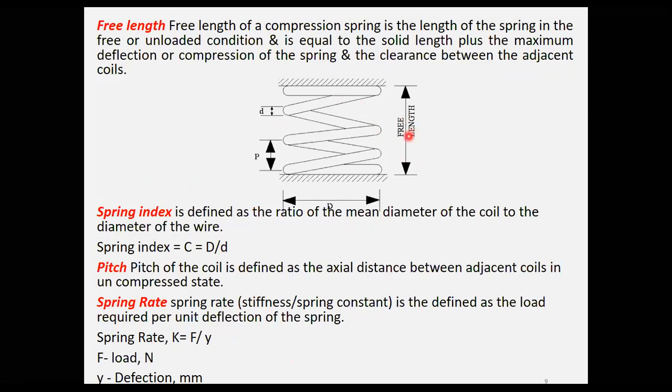That will give you the free length. Free length is nothing but the length of the spring in the free or unloaded condition. As I told you, here the loading is not done.